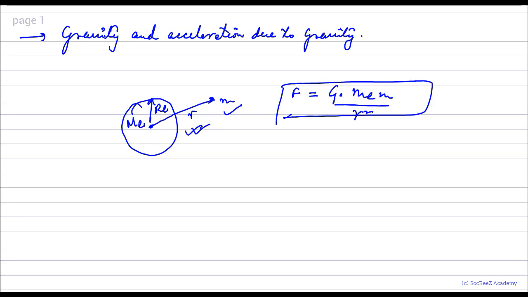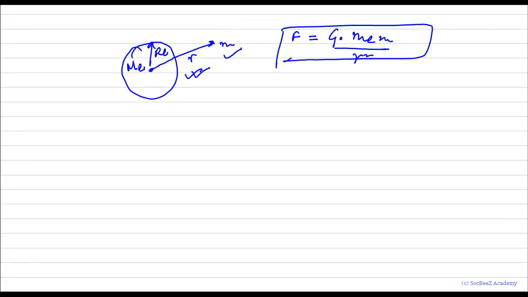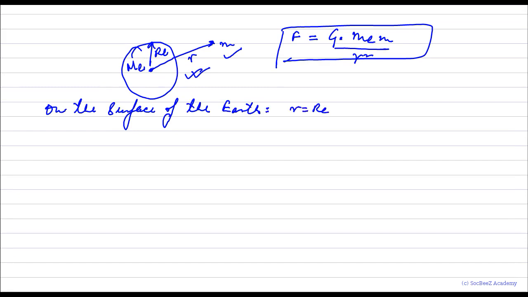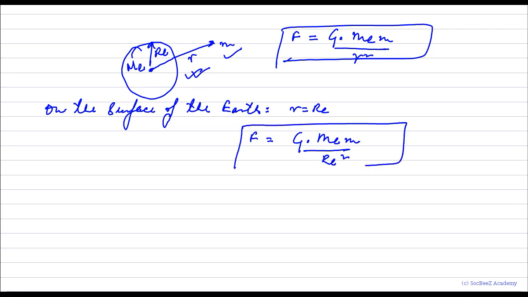So on the surface of the Earth, r equals re, and let's say F becomes equal to G into me into m upon re square. So this is the force of gravitation on the surface of the Earth on this particle of mass small m.